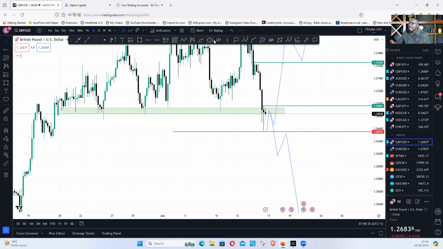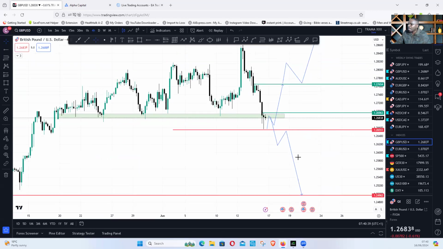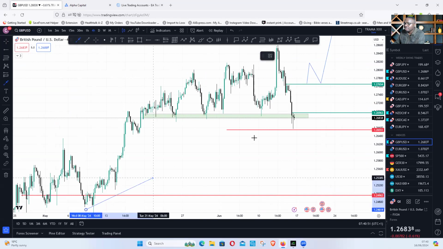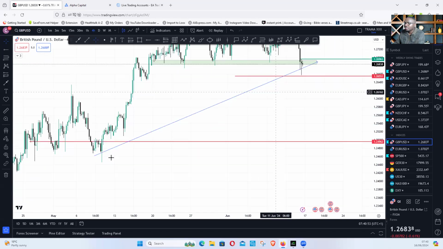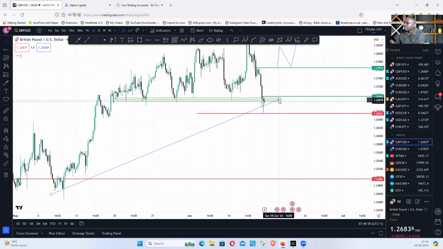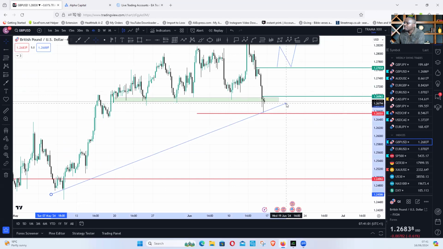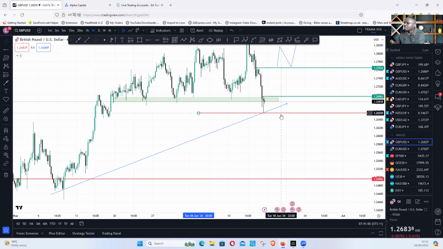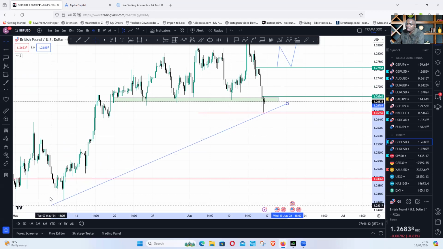So in other words, while I'm waiting for a break of that low, I also see on the 4 hour that we can have this trend line over here. We can always put it on the week as well if you want, just to be sure of alignment, but the 4 hour is fine.